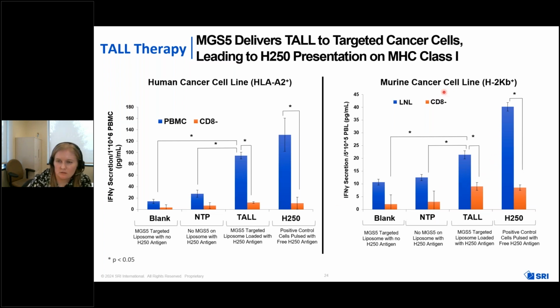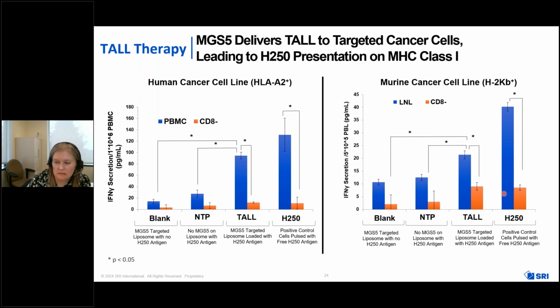Again, we've done the same experiment, but this time in a murine cancer cell line that's H2Kb positive. We've taken lymphocytes from a vaccinated mouse, and again, utilizing blank liposomes, NTP liposomes, and then our full TAL, we see a significant increase in interferon gamma secretion with the TAL treatment compared to the blank and NTP.